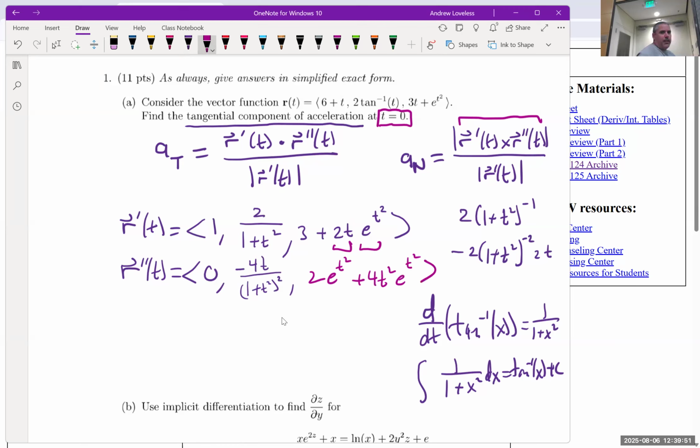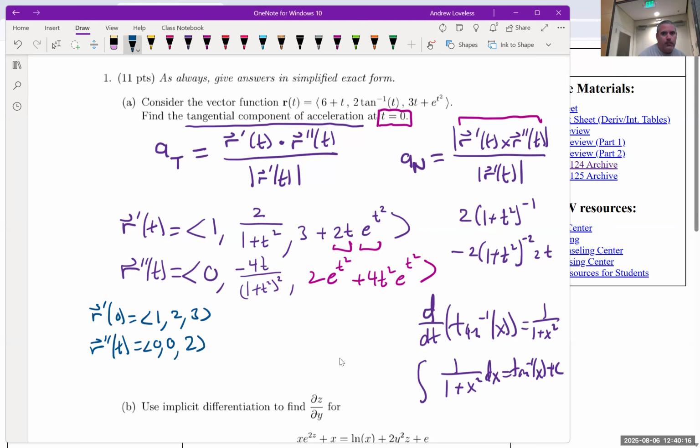The moment you've written down the derivative, the rest of the question is fairly quick because it's asking you to plug in zero. If you plug in zero everywhere, the first derivative is 1, 2, 3 and the second derivative is 0, 0, 2.